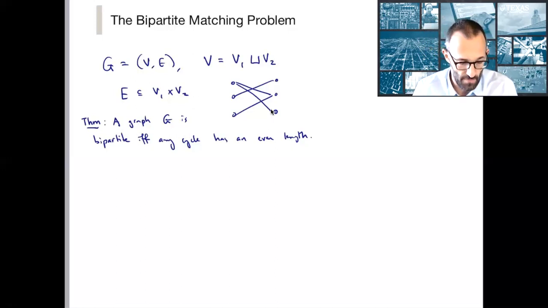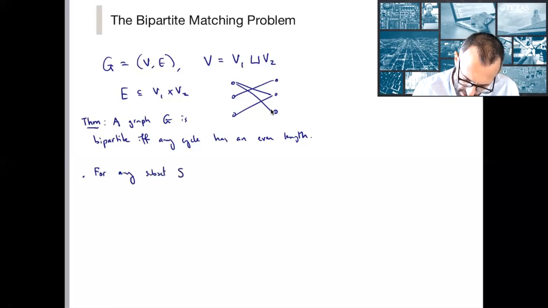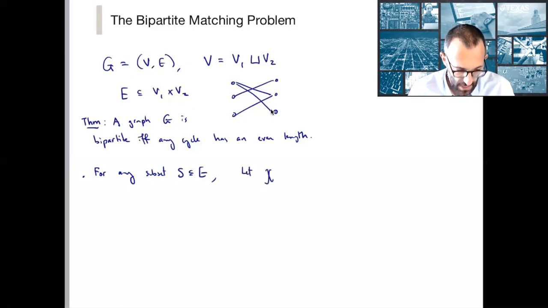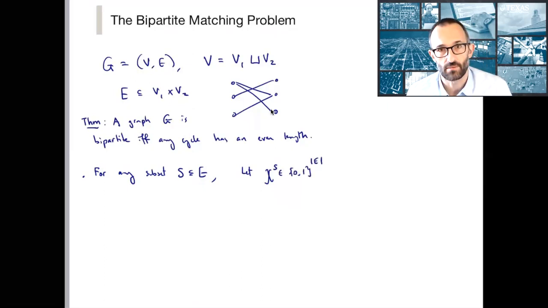So we talked about this with flows, with shortest path, and we're going to use it again here for matching. So for any subset S of the edges, I'm going to define the vector chi S, which I'll call the incidence vector of S, and this is going to be an element in {0,1} to the cardinality of the number of edges.